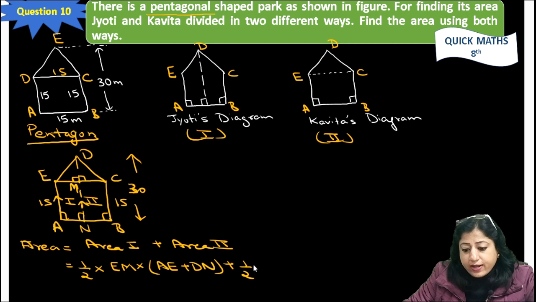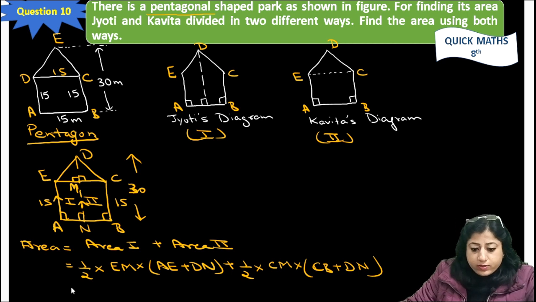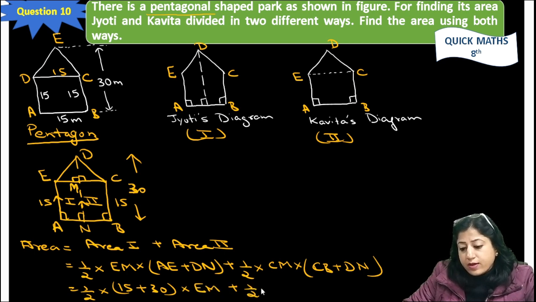Similarly, for the second area, half into the distance CM, multiplied by CB plus DN. AE is 15, DN is 30, multiplied by EM, plus half into CM, CB is 15 and DN is also 30.